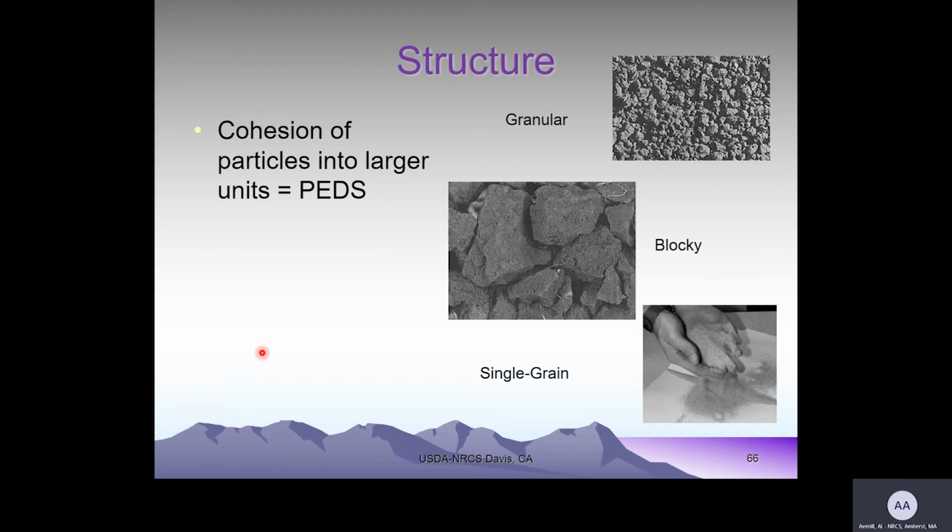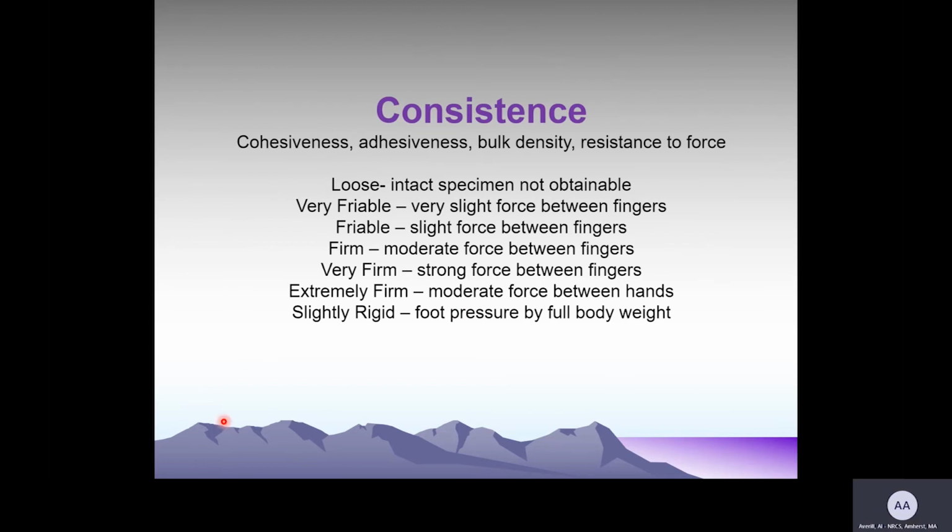And it enhances the ecosystem of the soil. So that's structure. And I already talked about consistence a little bit in the first presentation, but just to reiterate here, consistence is essentially the resistance of the soil to being broken up. How strong is it? How much stress can it withstand before it breaks up?